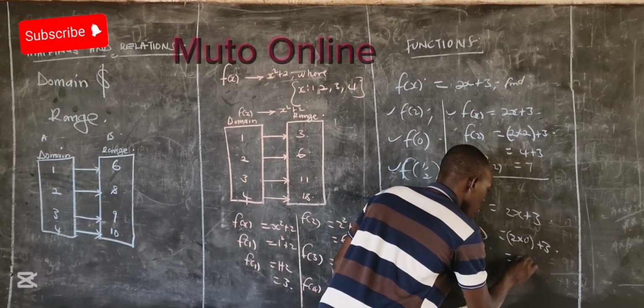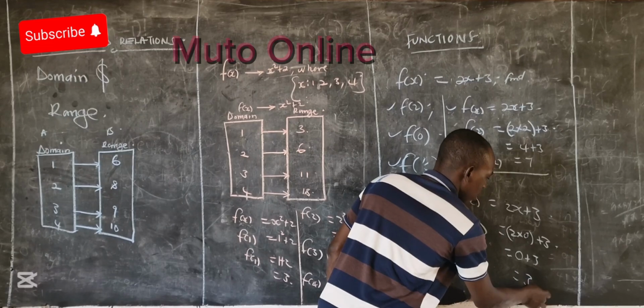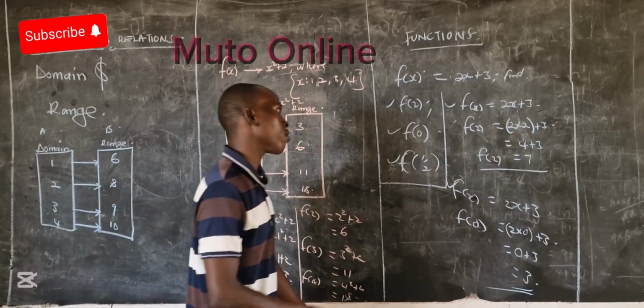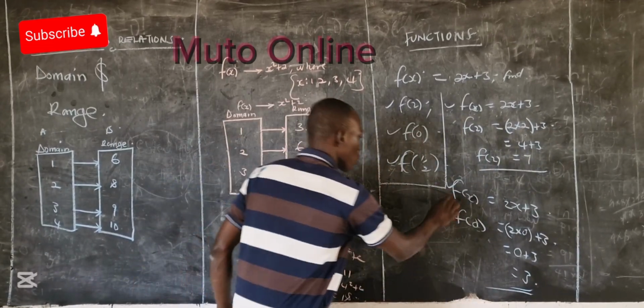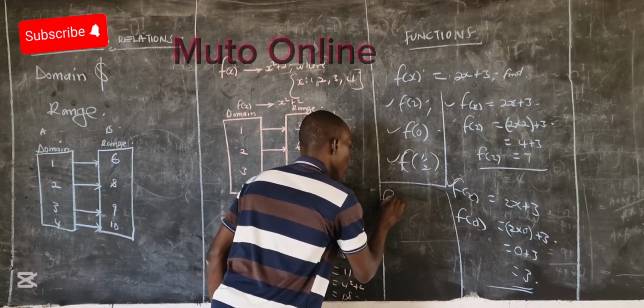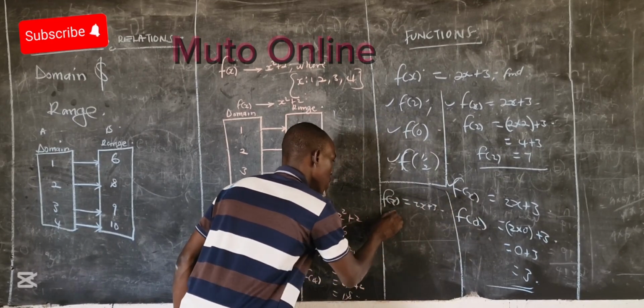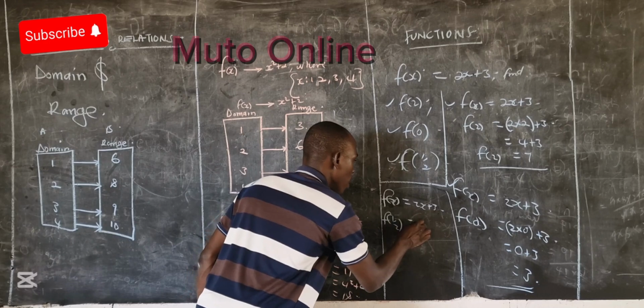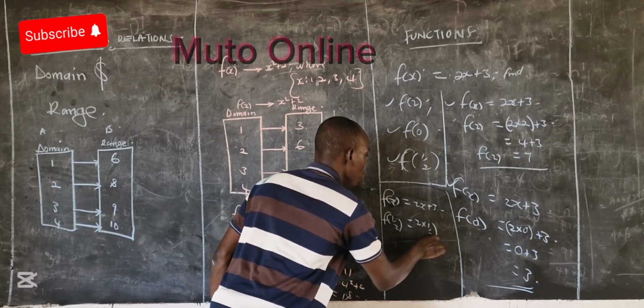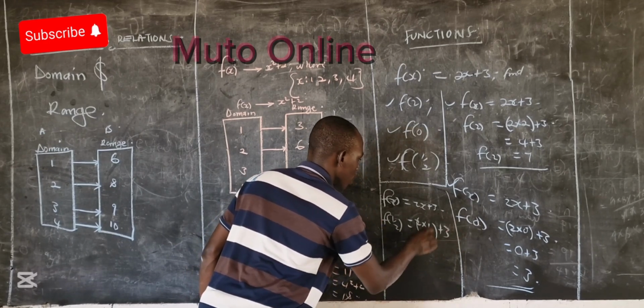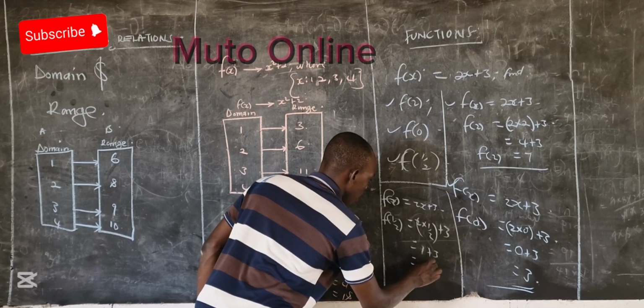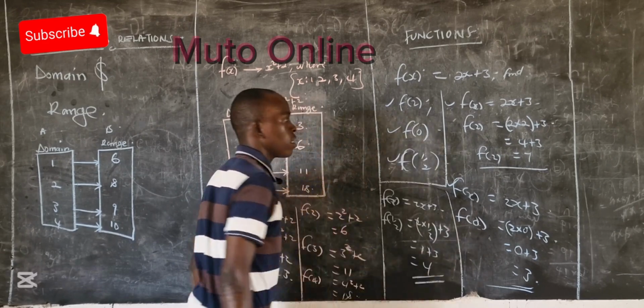So this is a 0 plus a 3, and this gives us straight away a 3. The same applies to this a half. So f of x equals 2x plus 3, and that means f of a half, we shall now have 2 times a half, then plus 3. So this is a 1 plus a 3, and this gives us a 4 as the answer.